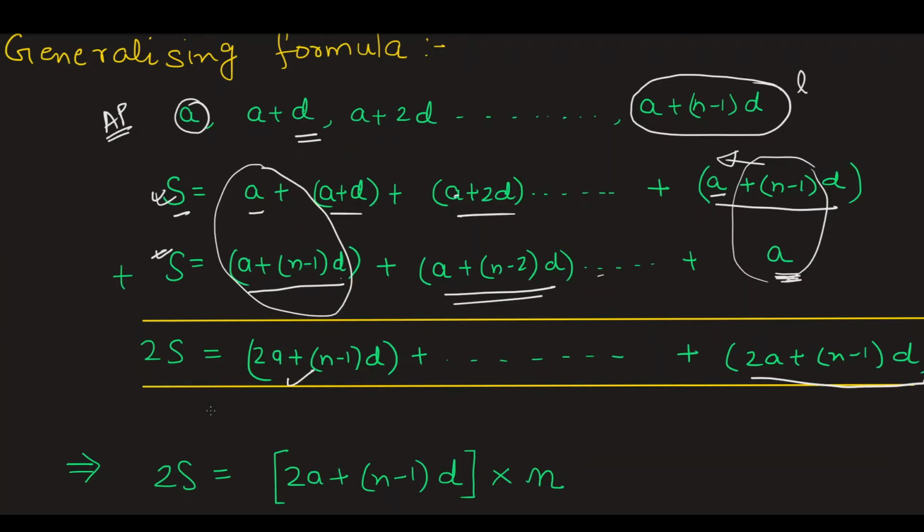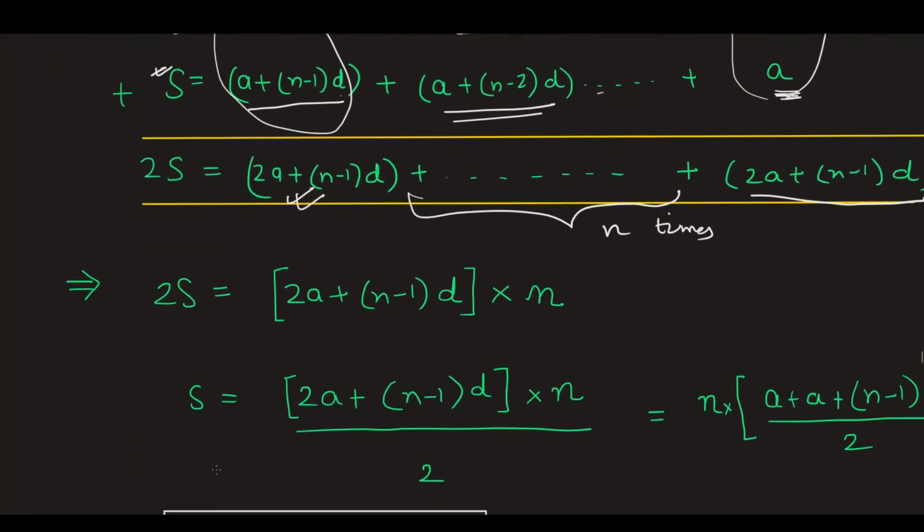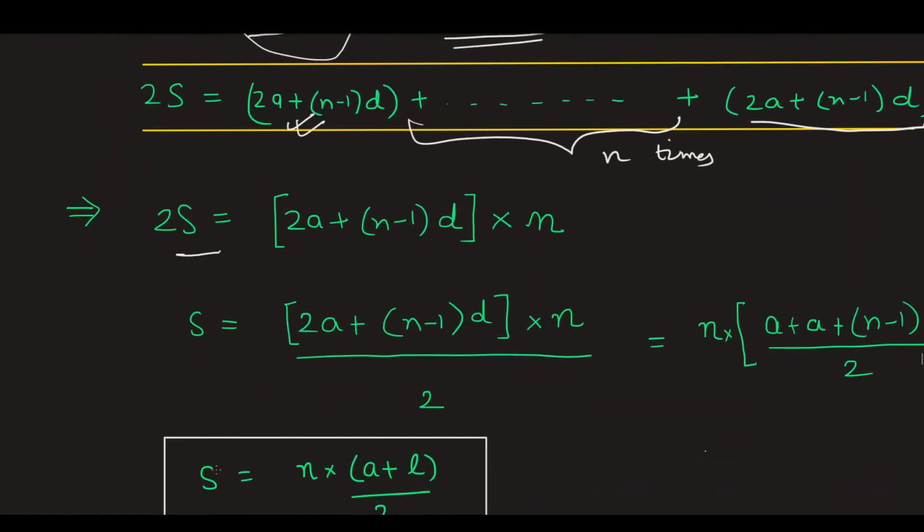We again get 2A plus n minus 1 D, and how many times would this be there? N times, because in this equation number 1 there are n terms. Okay, so we got the formula 2S is equal to 2A plus n minus 1 into D into n.